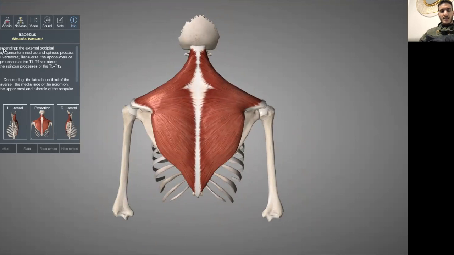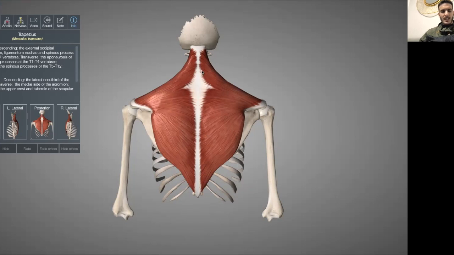For the descending part, the origin is from the external occipital protuberance, the ligamentum nuchae, the nuchal line, and the spinous processes. The transverse is from the aponeurosis of the spinous processes, and the ascending from the spinous processes of T5 to T12.